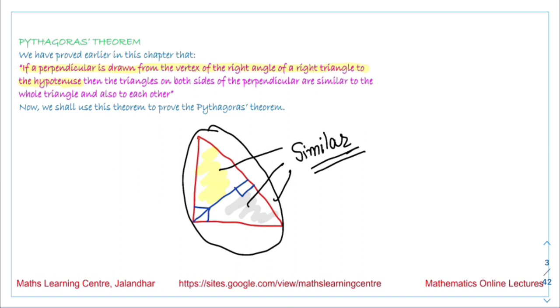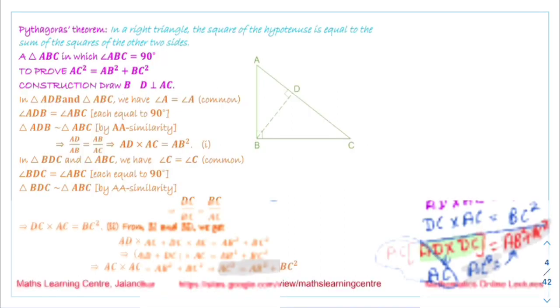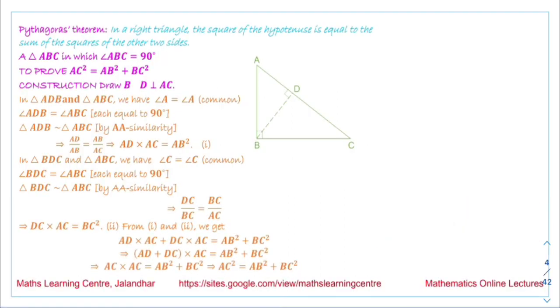Now we will use this result to prove the Pythagoras theorem. The Pythagoras theorem is that a right angled triangle is given to us and we have to prove that the square of the hypotenuse is equal to the sum of the squares of the other two sides. We are talking about a right angled triangle, this angle is 90 degrees, and the side opposite to it is called the hypotenuse.